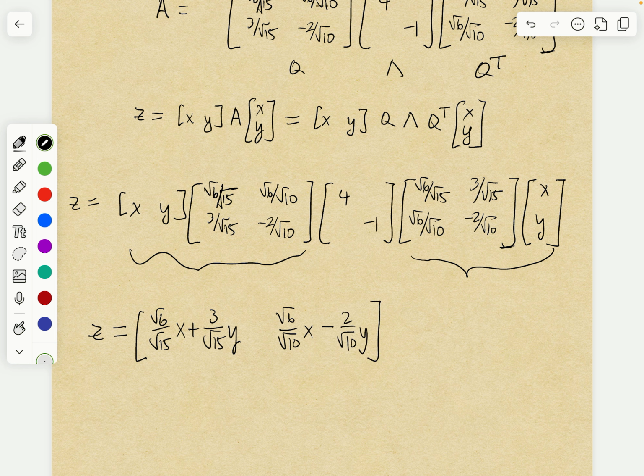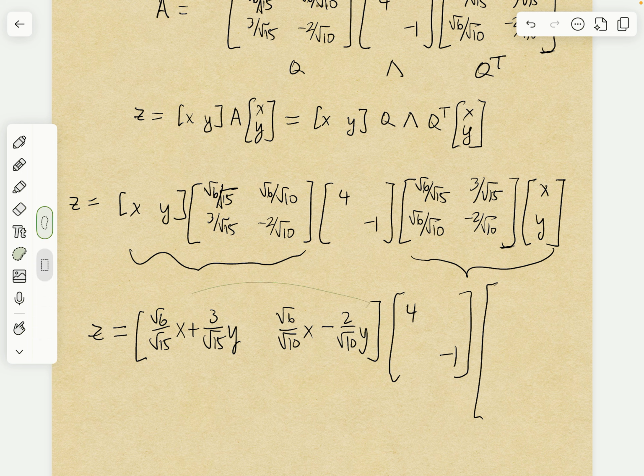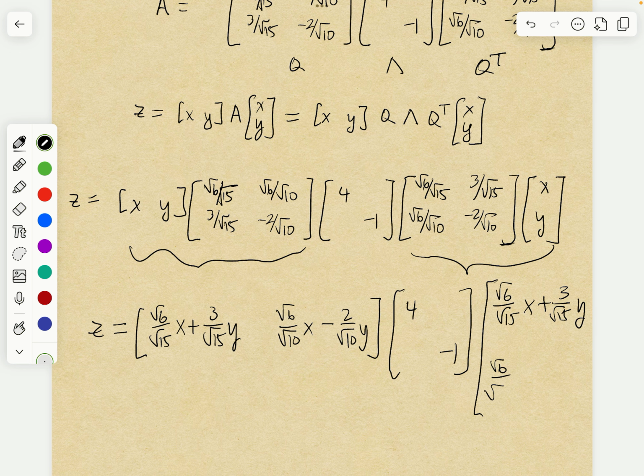So it's this times this matrix 4, negative 1 times the transpose of what we had here: root 6 over root 15 x plus 3 over root 15 y, root 6 over root 10 x minus 2 over root 10 y.